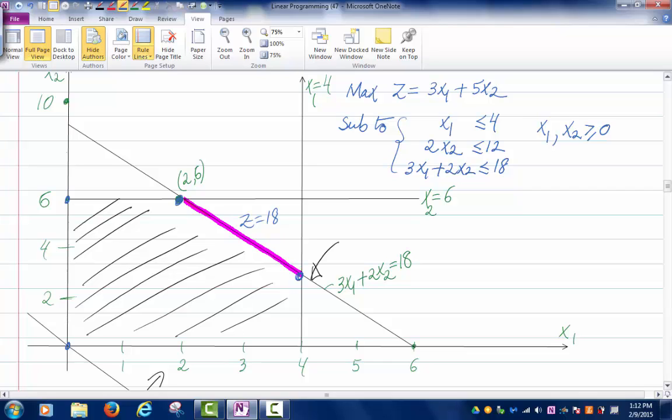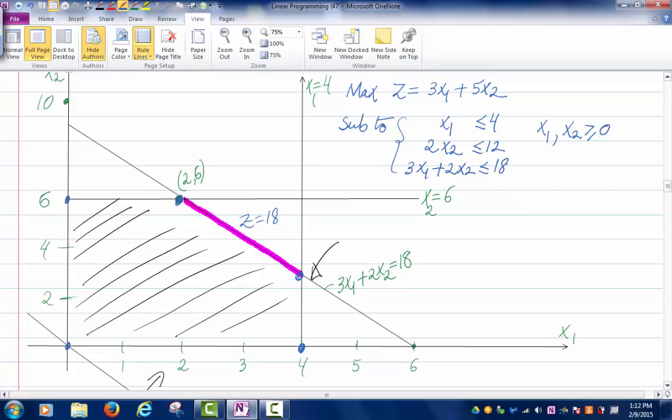So this is the point 4, 6, and then this is the point 4, 0. So these are the vertices. So what is a vertex? That's basically the intersection point of the sides of the feasible region. And we're going to define vertices more generally in n space later. But at this level, let's see how the simplex works.